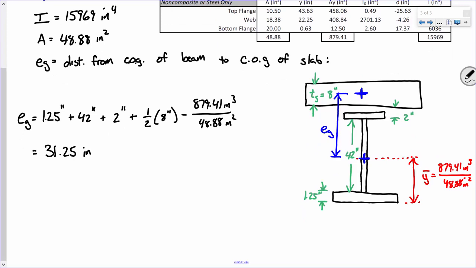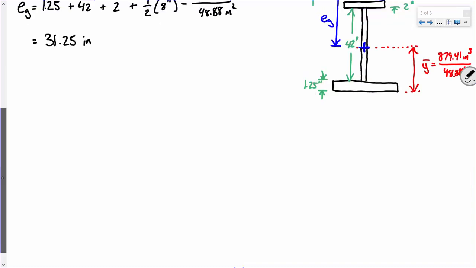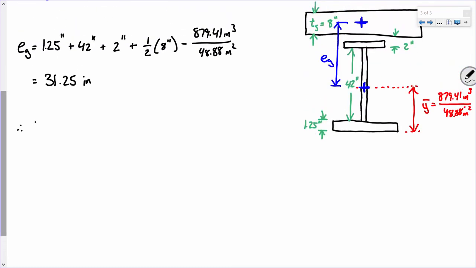Okay, now we needed that distance because Kg is the modular ratio times I plus A EG squared.